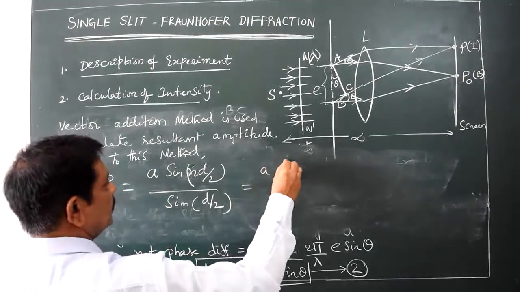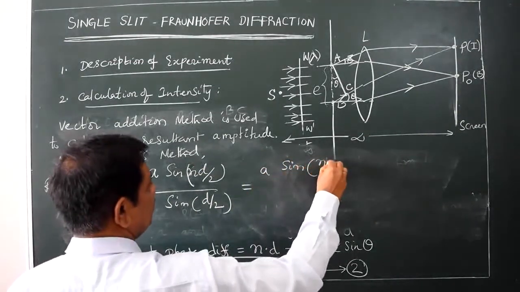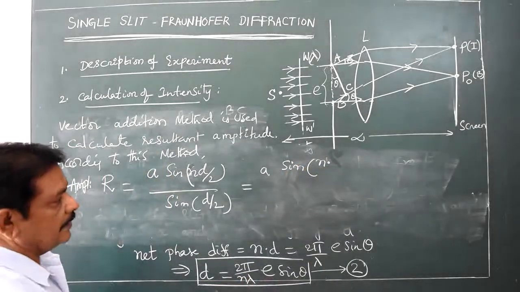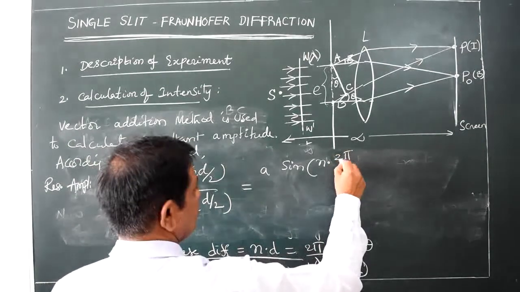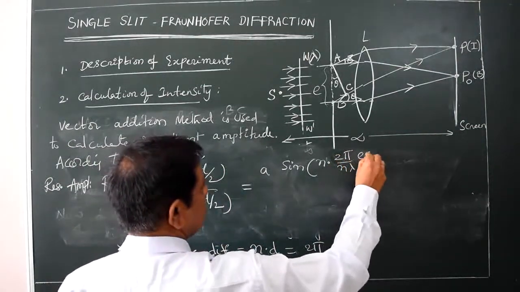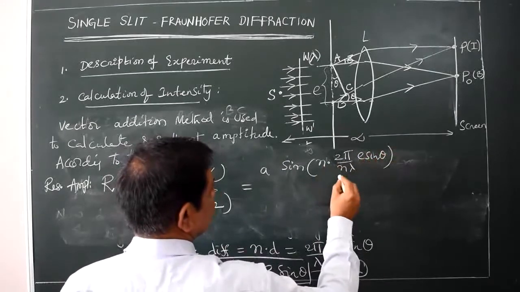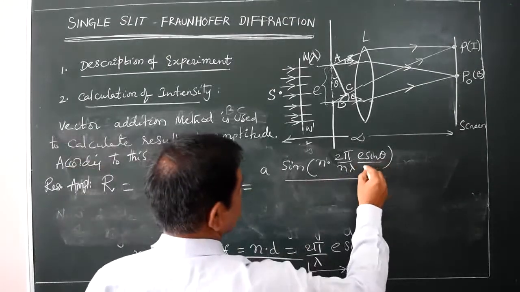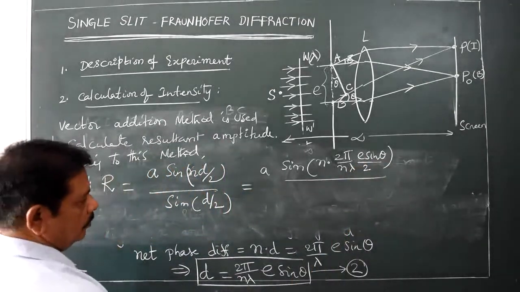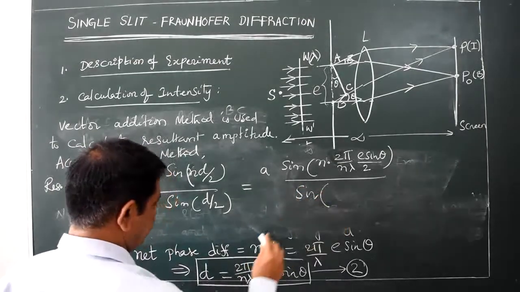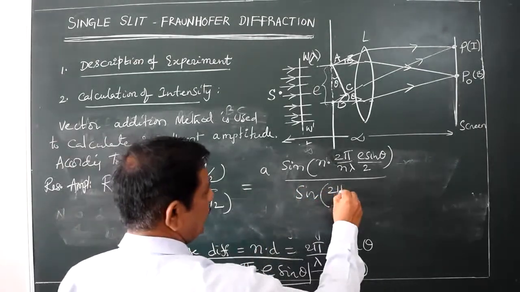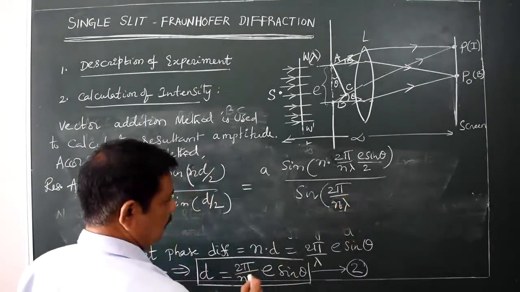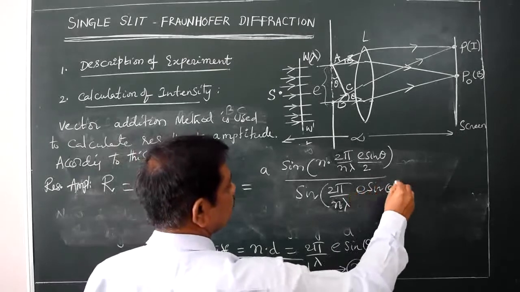R is equal to a sin of n d by 2, where d means 2 pi by lambda e sin theta, whole divided by sin of d by 2, with d again being 2 pi by lambda e sin theta.